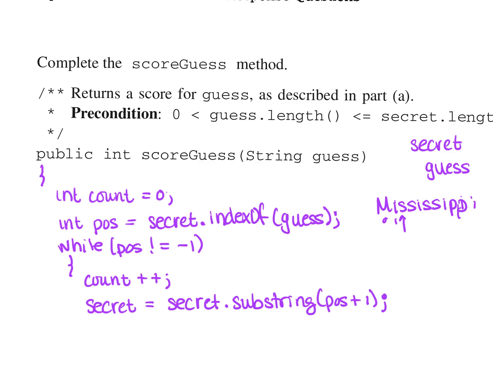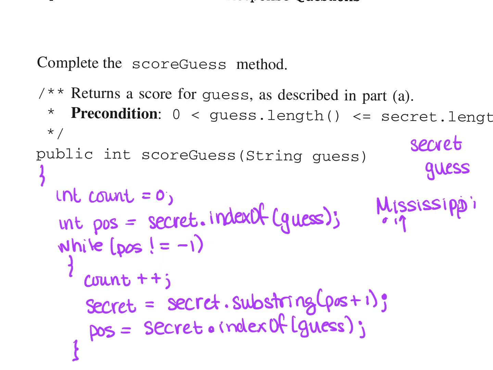And then we're going to go back and say our new position is going to be secret.indexOf(guess). Then we're going to go back and again check if that is not equal to -1. If it's not equal to -1, that means that we found another guess inside the secret.